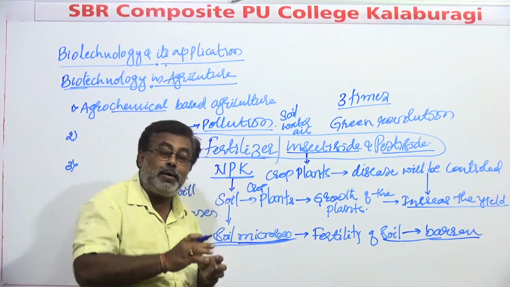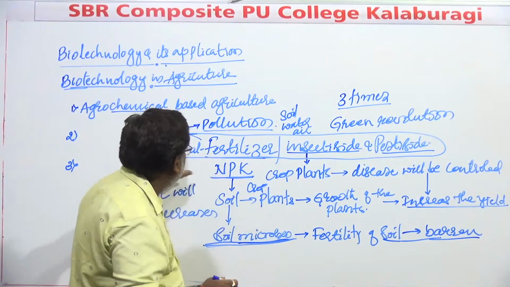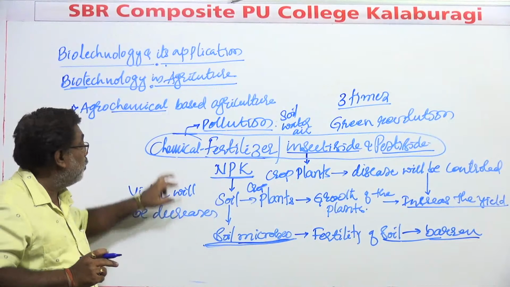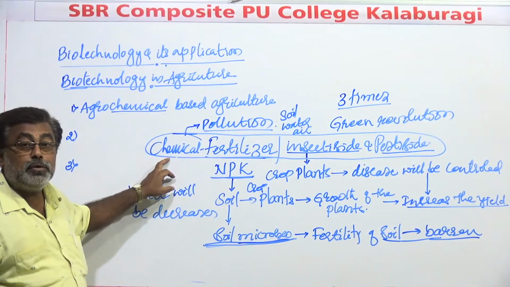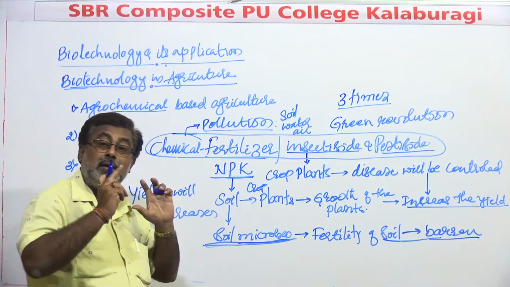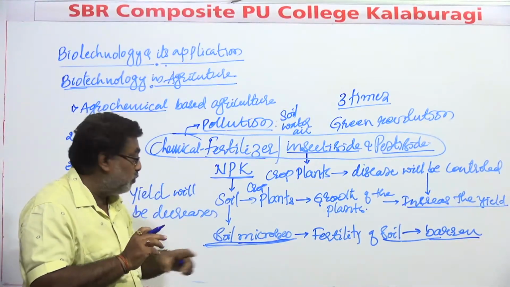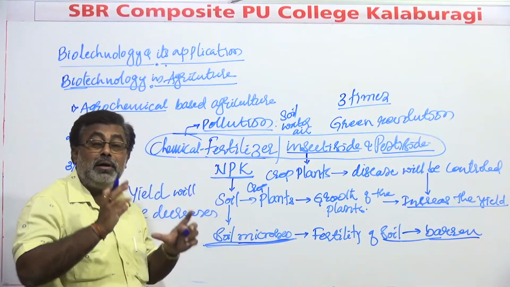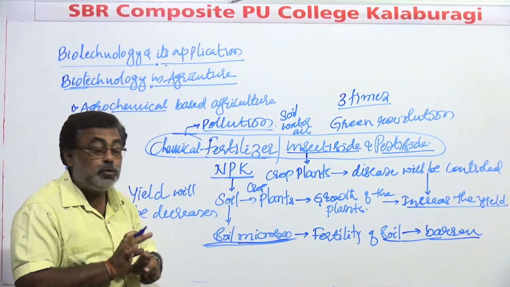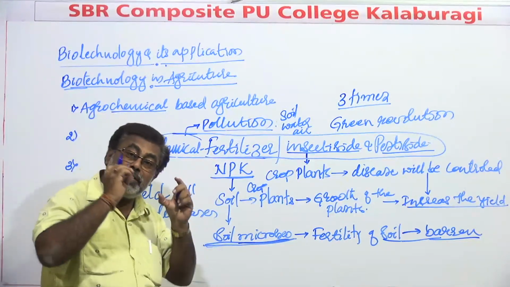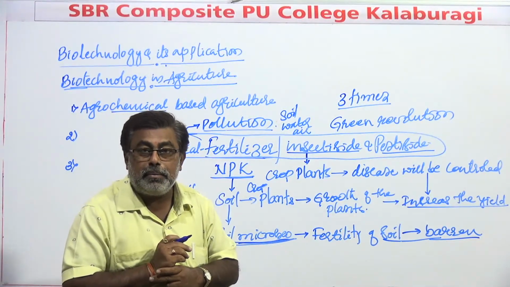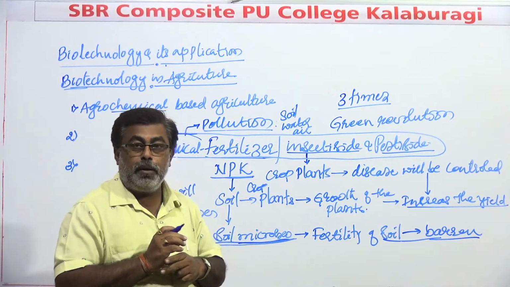Such microbes will be killed by using the chemicals. So that soil will convert into infertile soil. Along with the pathogen, the useful microorganisms are also killed.